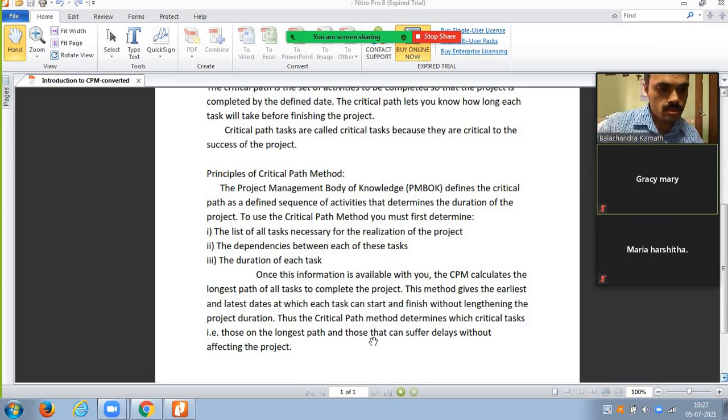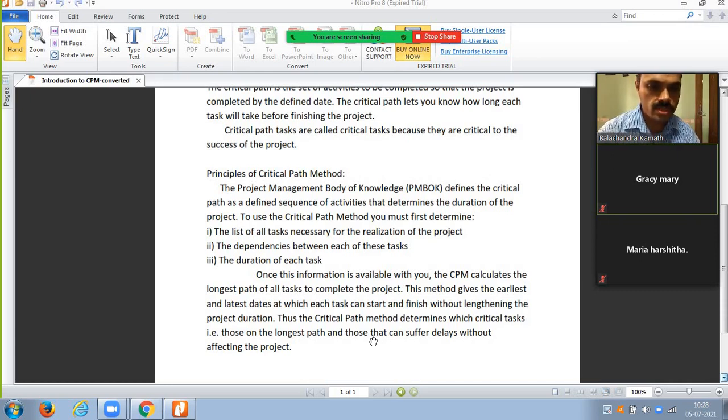Suppose for the metro construction of your electronic city, the date is March 31st 2022, it should not go beyond that date. So the critical path method determines which critical tasks are on the longest path and those that can suffer delays without affecting the project.